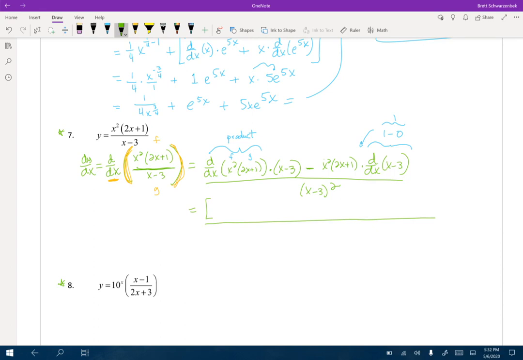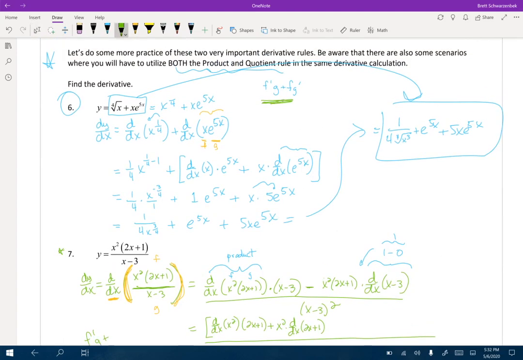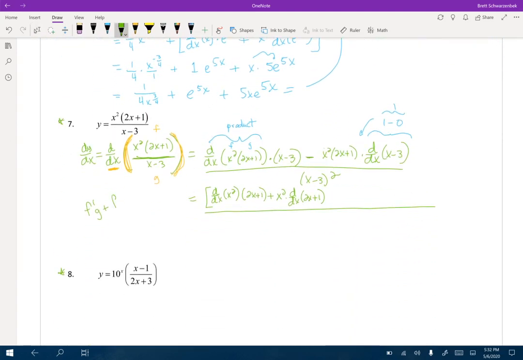We have to do the derivative of x squared times our original function 2x plus 1, plus x squared times the derivative of 2x plus 1. So yes, I just did the entire product rule, f prime g plus, again, similar right here, fg prime. So I did that entire thing.